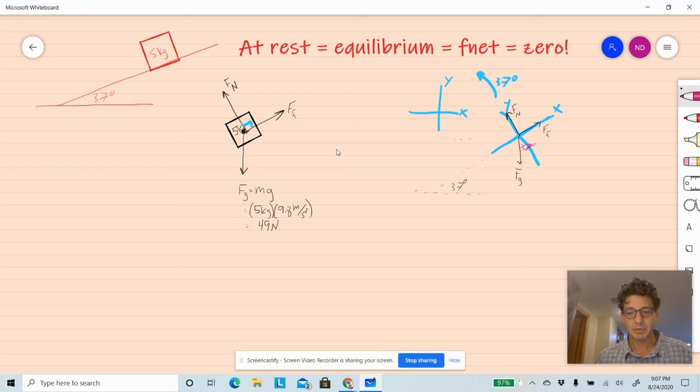All right. We know this is 49 newtons, but we have to split that 49 newtons into our pieces. All right. So our free body diagram looks like that. And now we have to figure out what the force of friction is and the normal force and the coefficient of friction. Well, that's basic arithmetic now. Here we go.